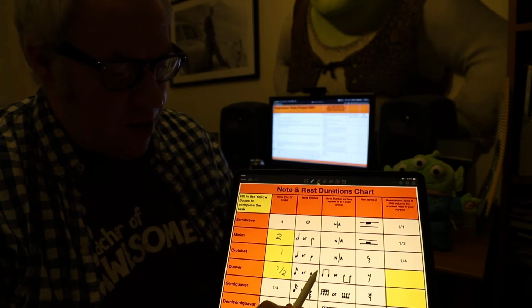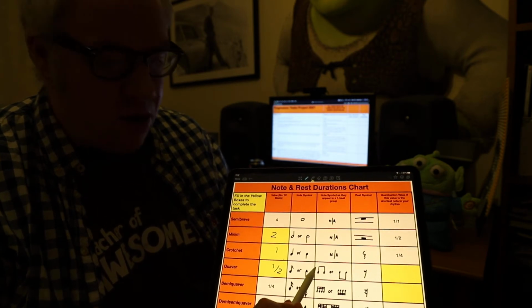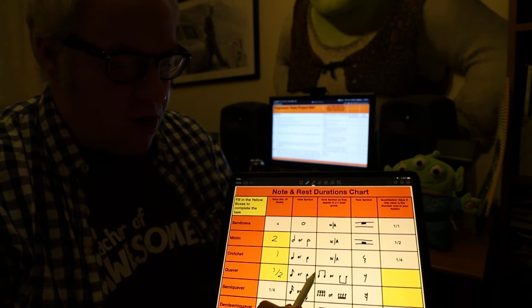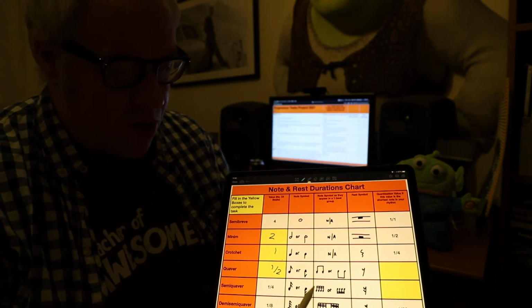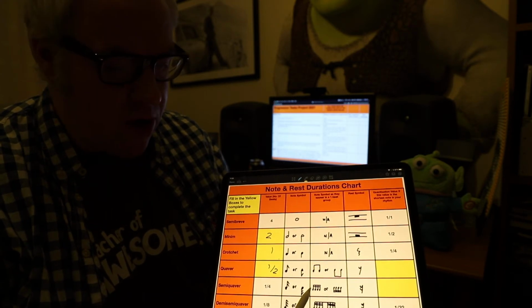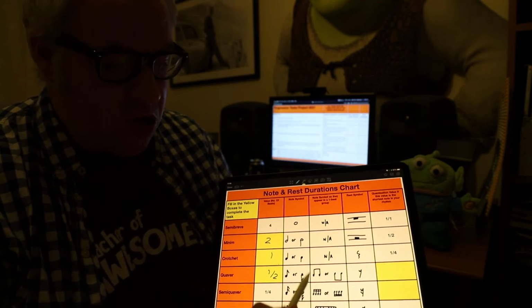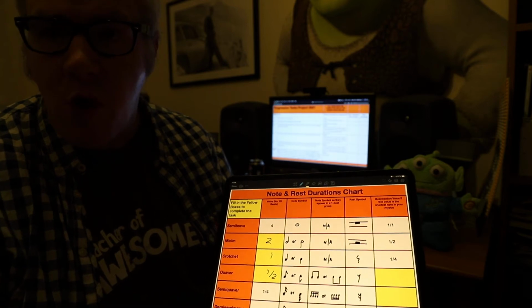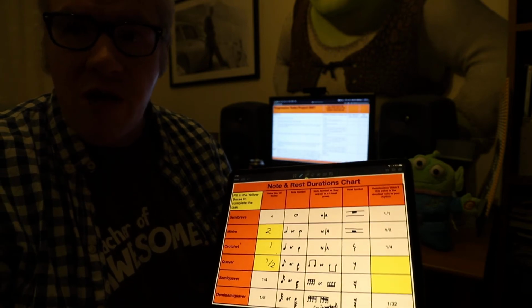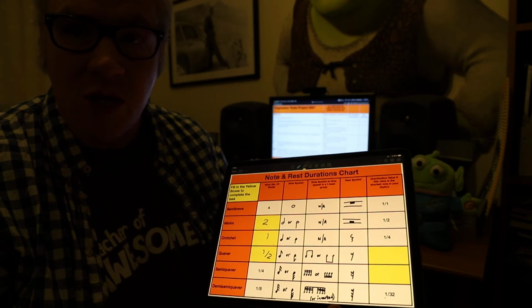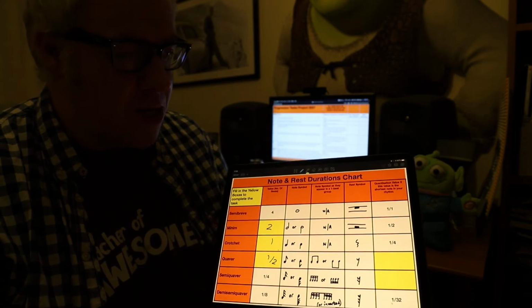So 2 quavers together make up 1 whole beat. This is what 4 semiquavers would look like, and this is what 8 demisemiquavers would look like. Each of those examples adds up to 1 beat, and this is going to be really helpful as you write rhythms in later tasks.